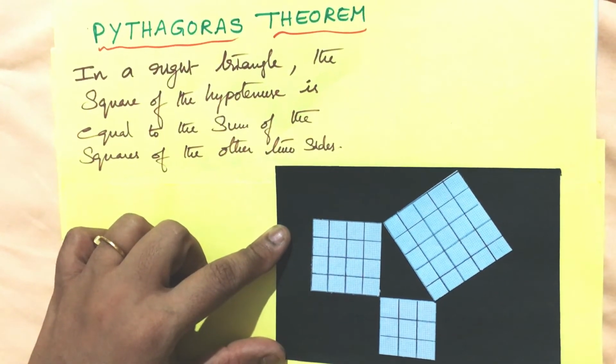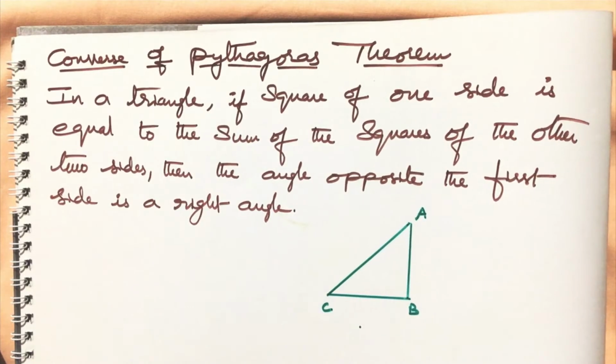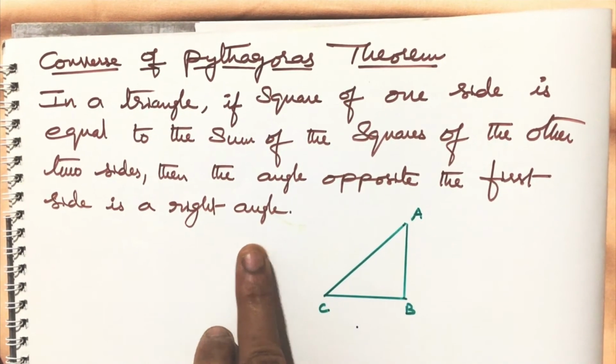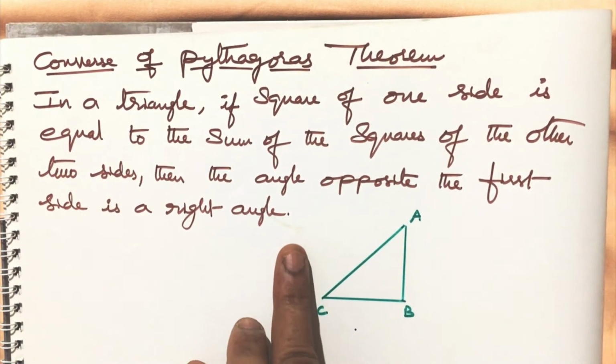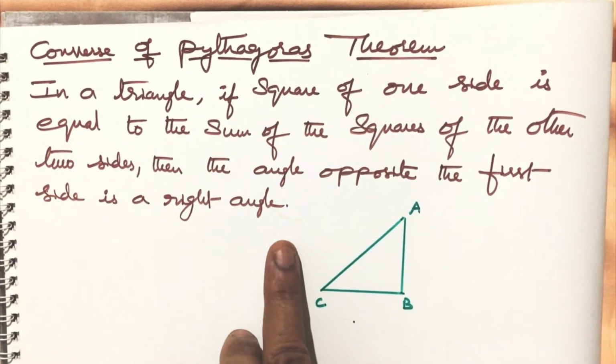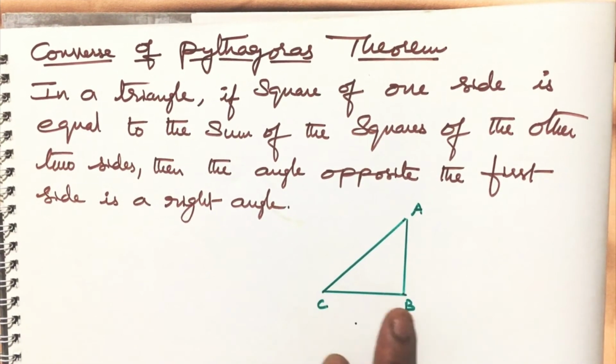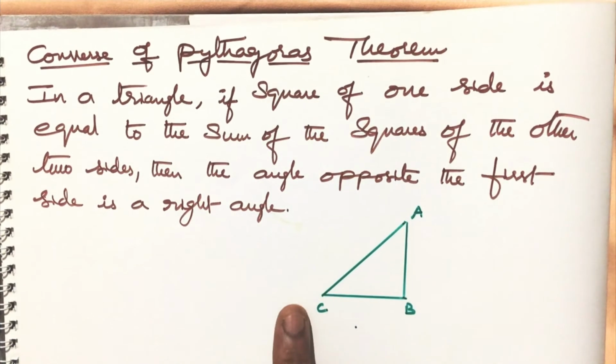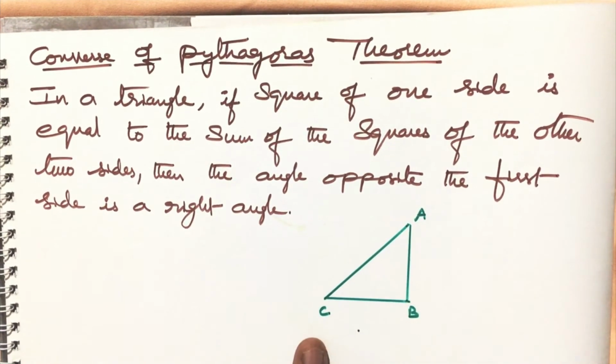Let me give the proof of it now. In a triangle, if the square of one side is equal to the sum of the squares of the other two sides, then the angle opposite to the first side is a right angle, we have to show. So let us take a triangle ABC.